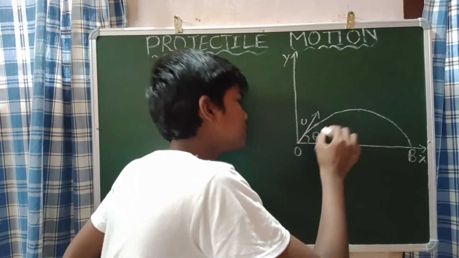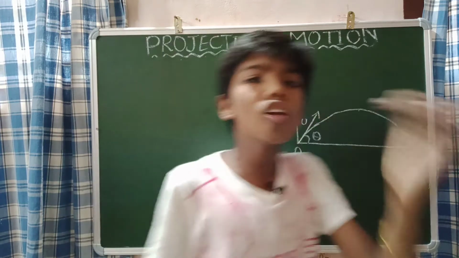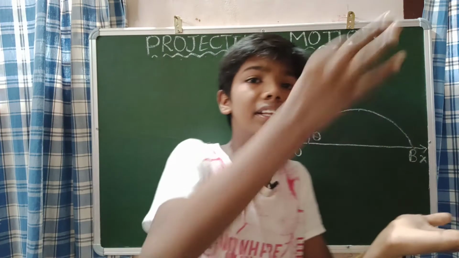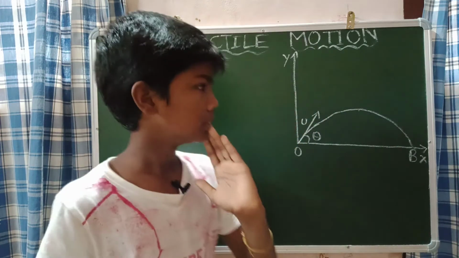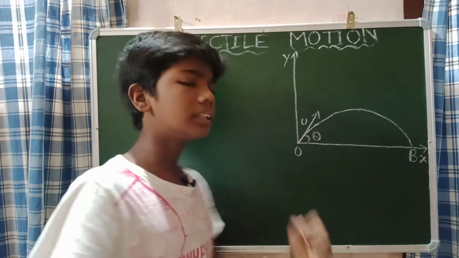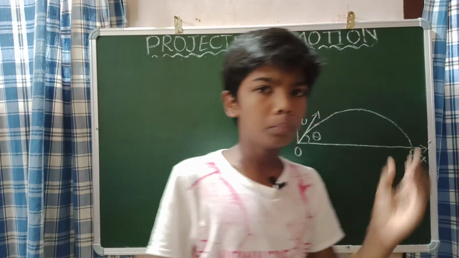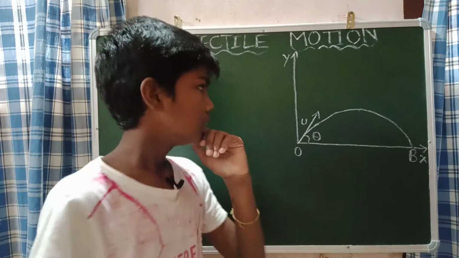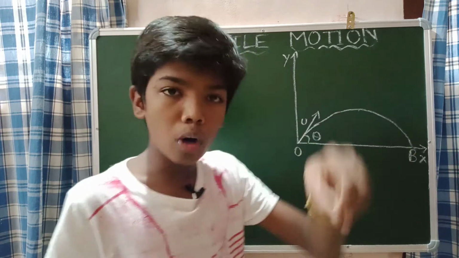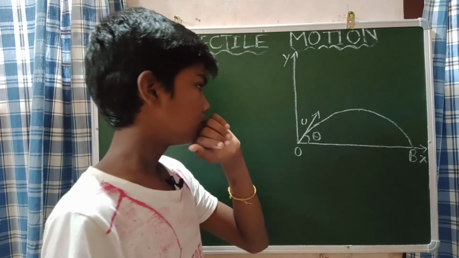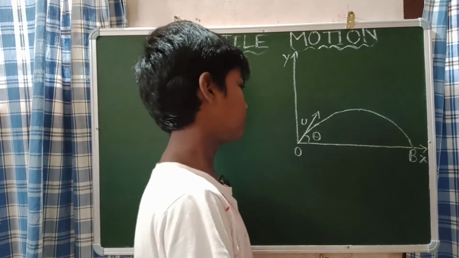And we call this angle theta the angle of projection. That means the angle made with the horizontal is called the angle of projection. And this u is the initial velocity of the object in projectile motion, and position B is the position where the object falls. This is what we need to understand, guys.